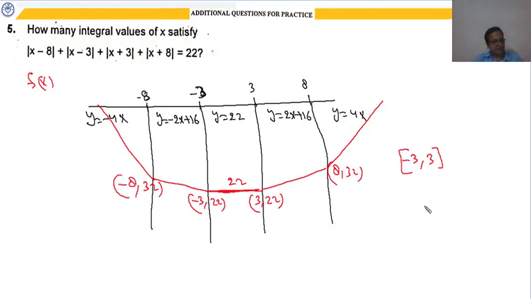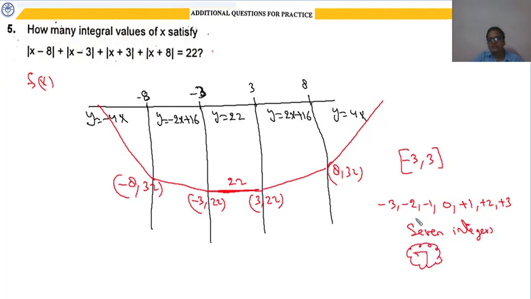How many integral values of x satisfy this? It's minus 3, minus 2, minus 1, 0, plus 1, plus 2, plus 3. So how many integral values do we have? 7 integers. So it's 7 integral values of x which satisfy this.